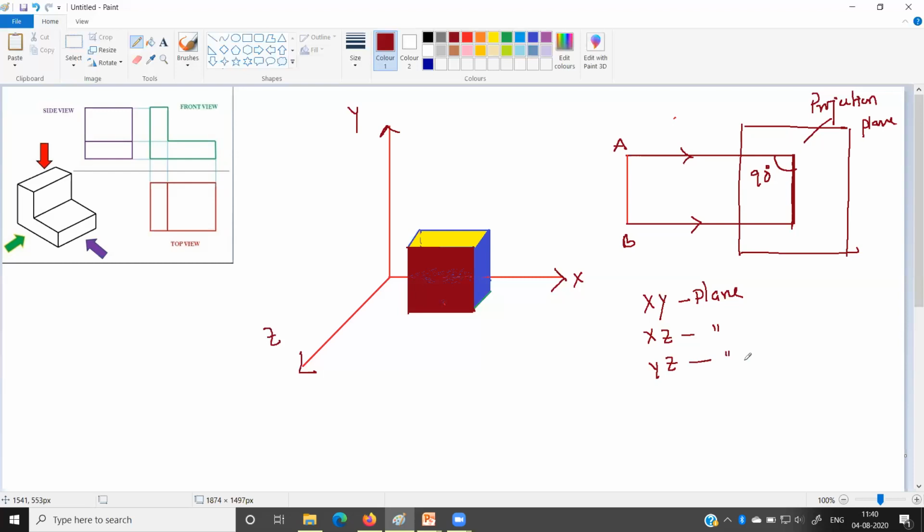Now if you want to project the object on the xz plane, what is my xz plane? This plane is my xz plane. You can see that in the xz plane the value of the y coordinate is 0. Suppose our eyes are over here, from where we are seeing.